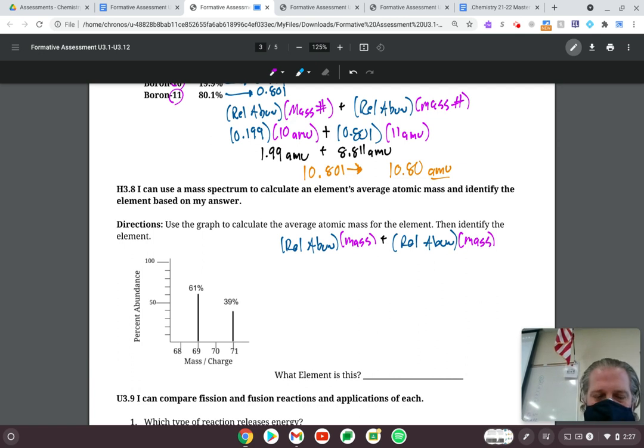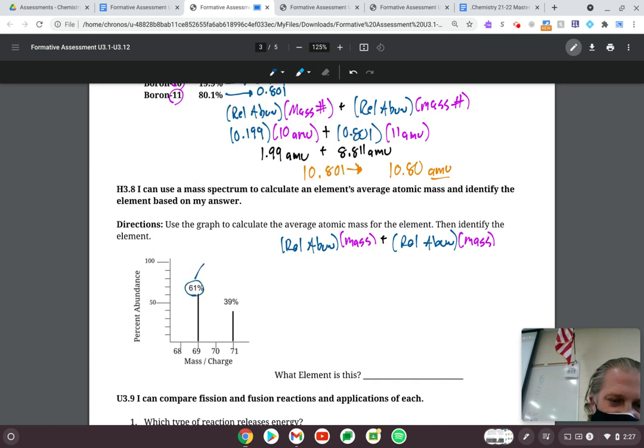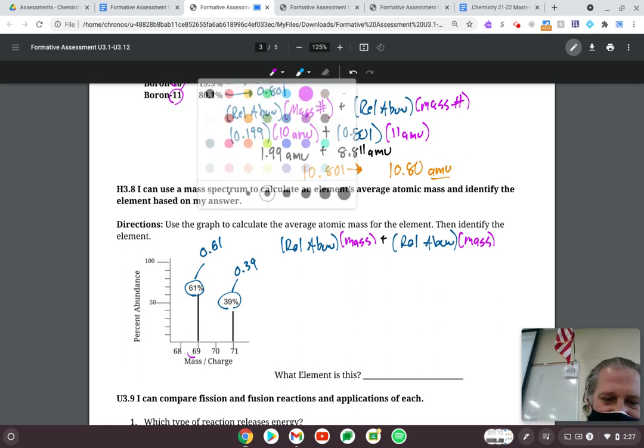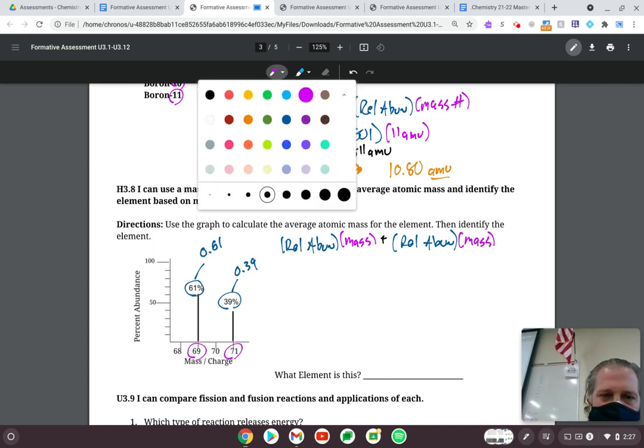Okay. So I see that this graph is giving me my relative abundance. So that's 61%, so it's going to become 0.61. 39% is going to become 0.39. I do have 2 mass numbers. I have 69 atomic mass units and 71 atomic mass units. So I'm going to plug in my stuff.